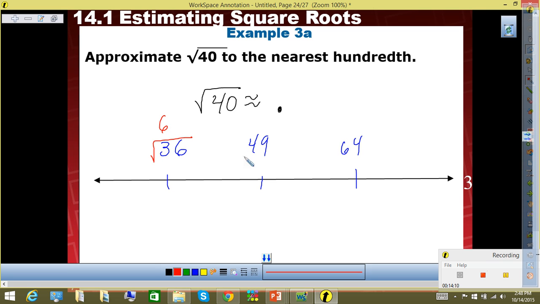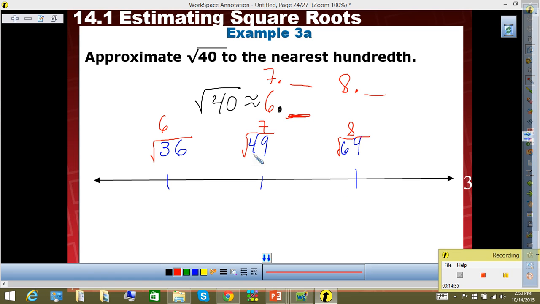Square root of 49, 7. Square root of 64, 8. So let me ask you this. This one you said is in between here, right? So will this decimal be 6 point something, 7 point something, or 8 point something? Think about it. Talk it over with your neighbor. Why? Which one would you choose and why?